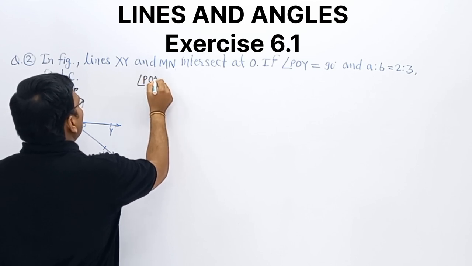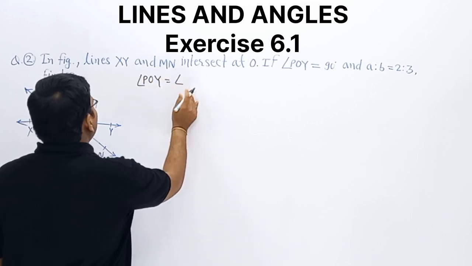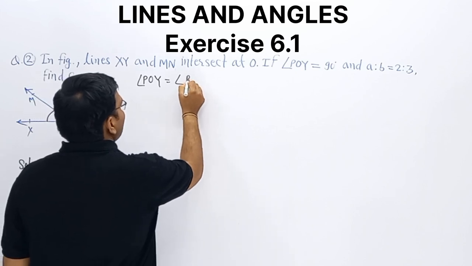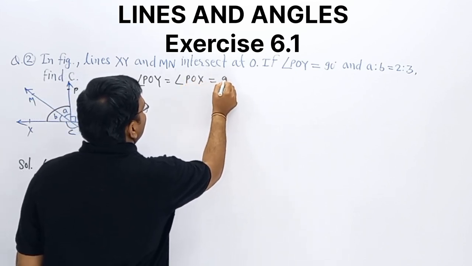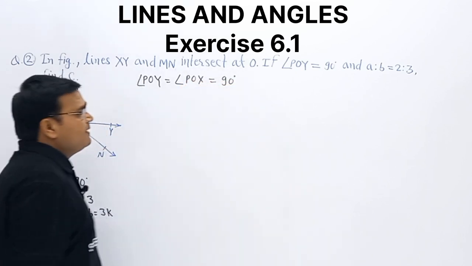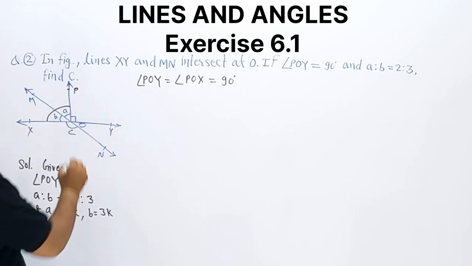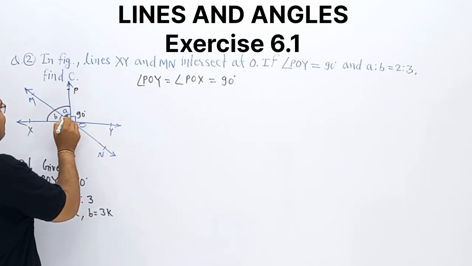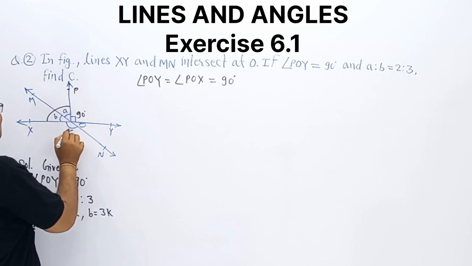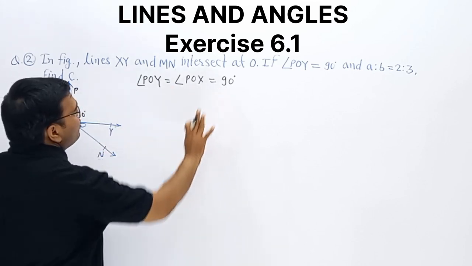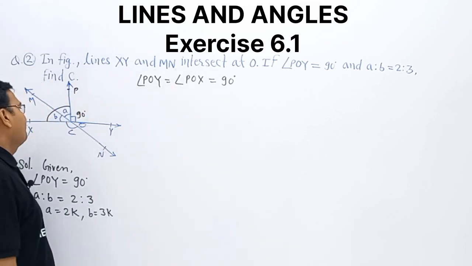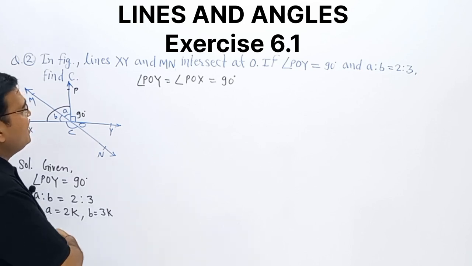Angle POY equals angle POX equals 90 degrees. Clear? POY is 90 degrees, so its adjacent angle POX will be 90 degrees. Clear?